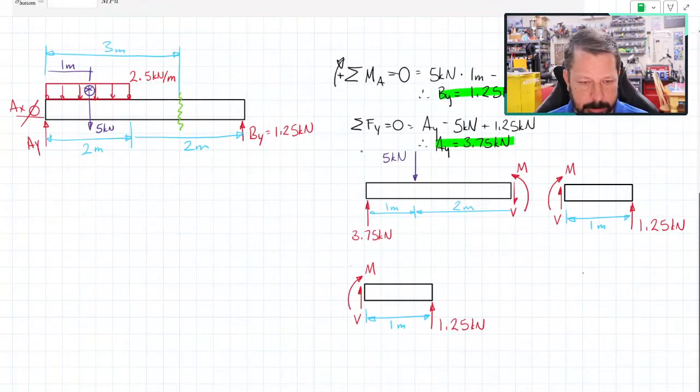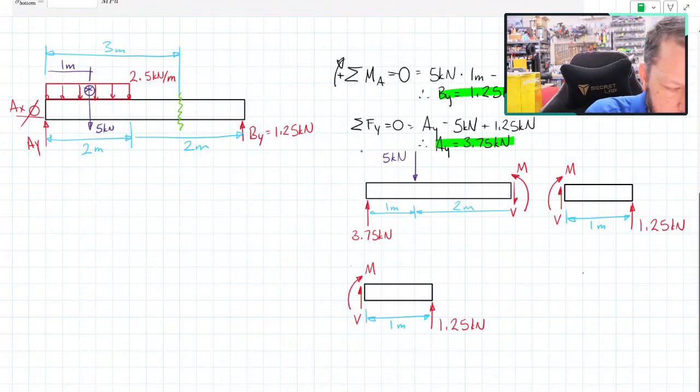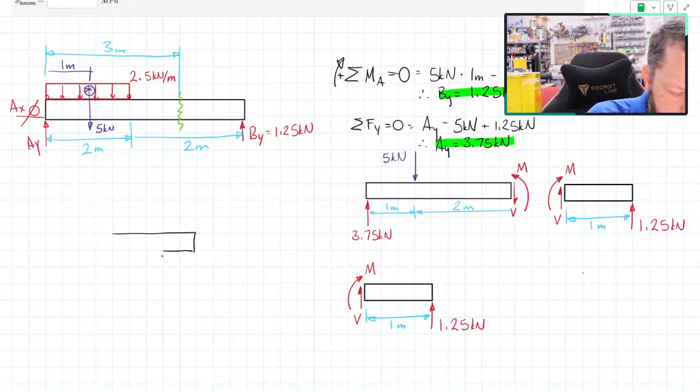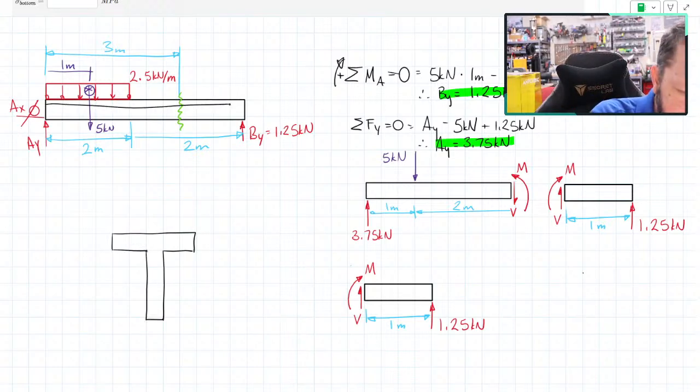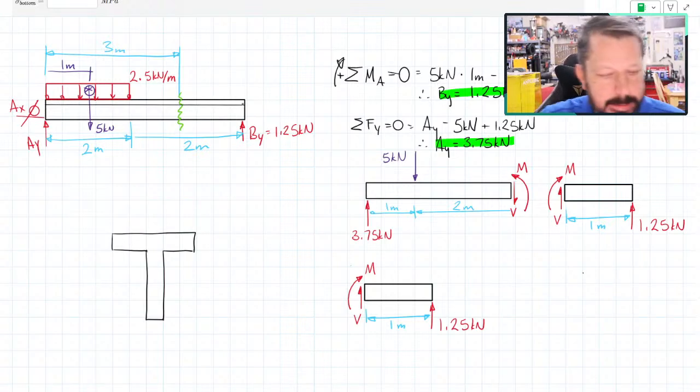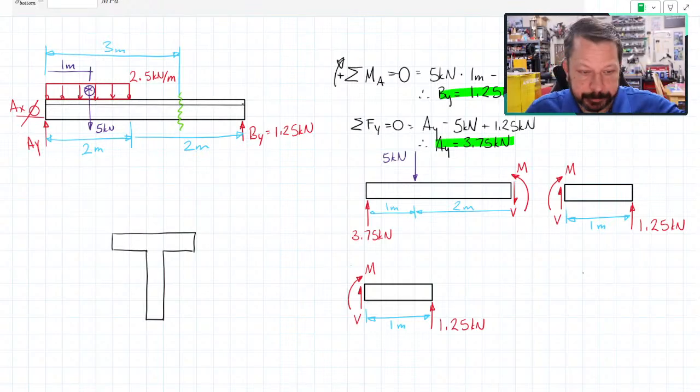So let's look at our little T cross section up here. Maybe we'll temporarily draw it over here. We'll have to move it because this is where our diagram's going to go, but let's think about our T shape. So this beam, apparently, I haven't been drawing the little T flange on here, but it has a T cross section.